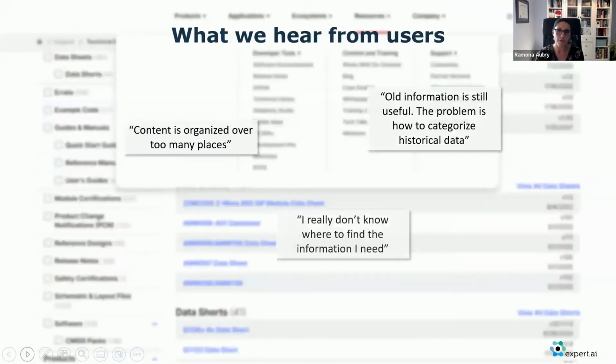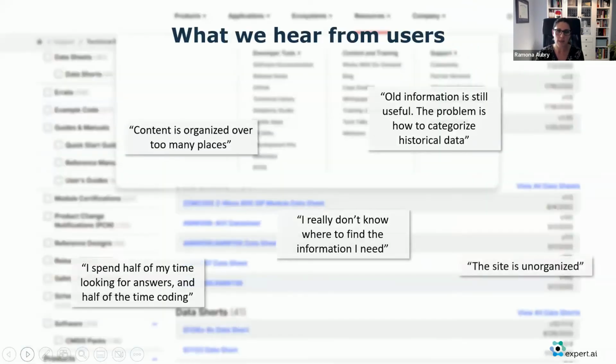Now, what we hear from users that struggle with this type of challenge, inefficient search, is that people looking for relevant information spend a lot of time researching across multiple portals, and they face this inconsistent indexing.